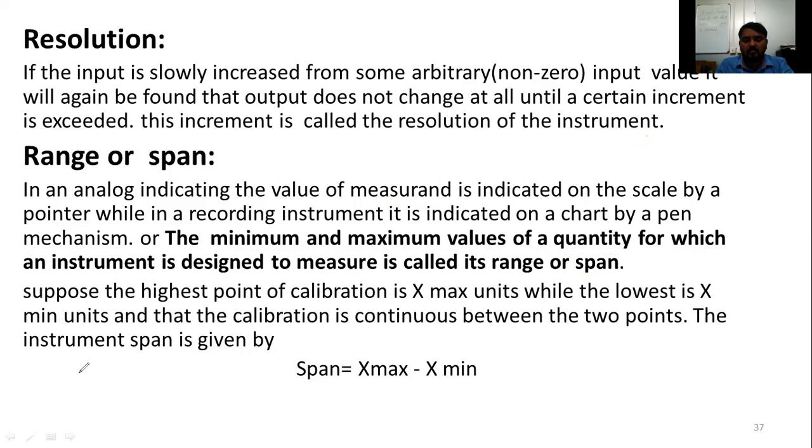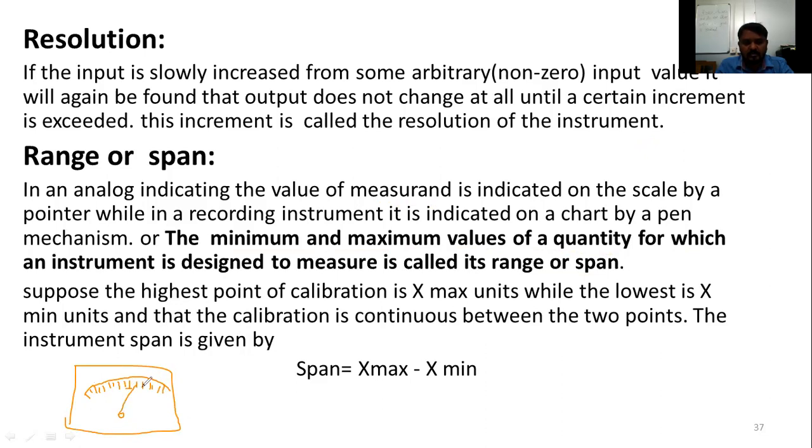Suppose one analog meter is there. Here, the analog meter scale is like this. Here they will give one pointer.